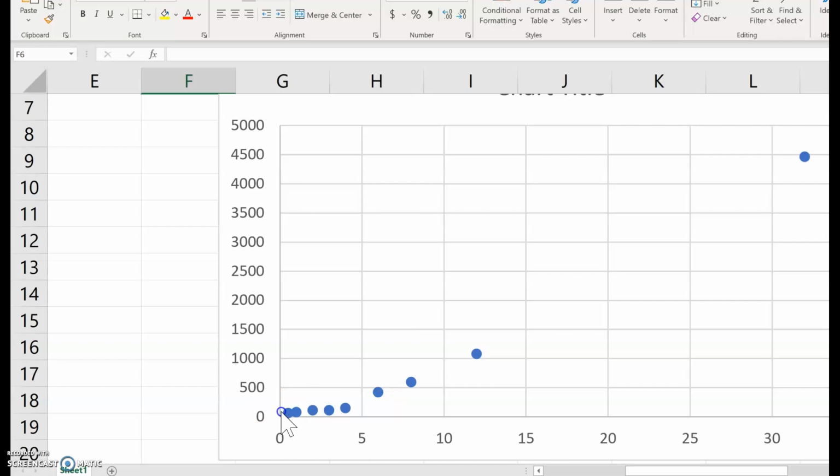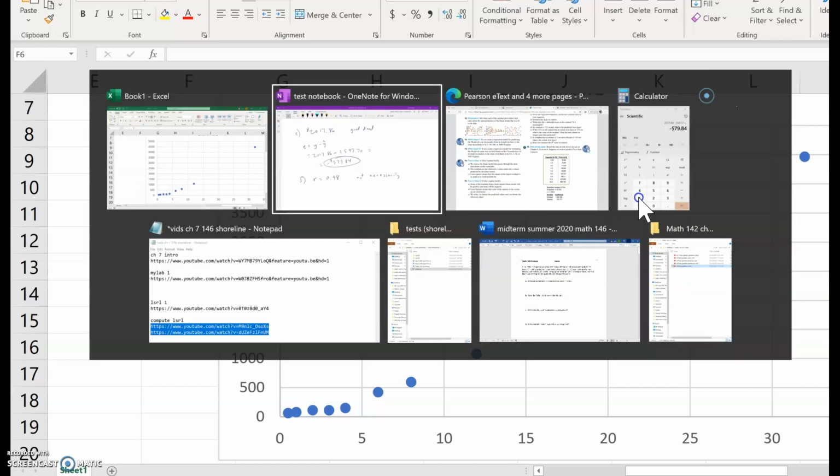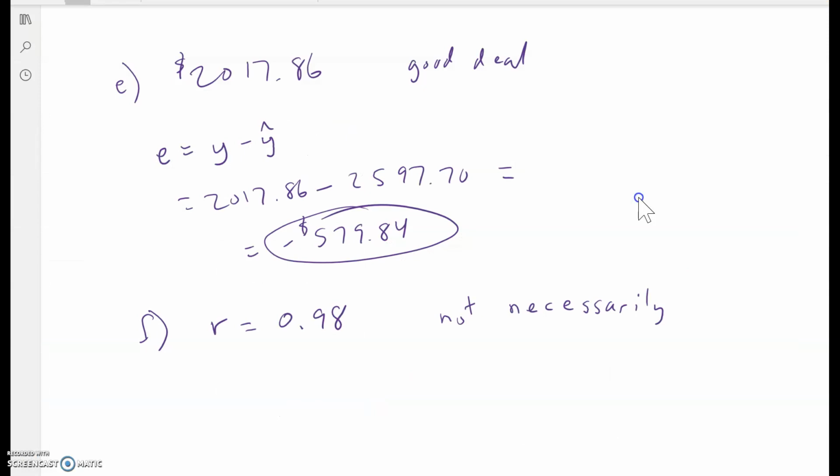If you look at this, it's rising very slowly in the beginning, and then it rises more quickly. So actually, I would say this is more curved than straight. If you could do a curved regression line, that would actually be a better fit, a better prediction than using a straight line. But all we have now, as far as tools go, is straight lines. So I would say not necessarily.